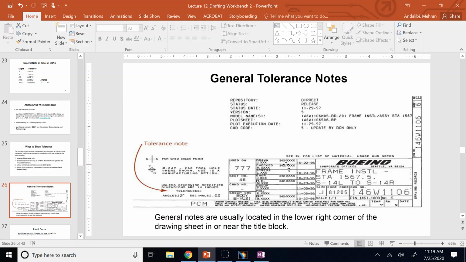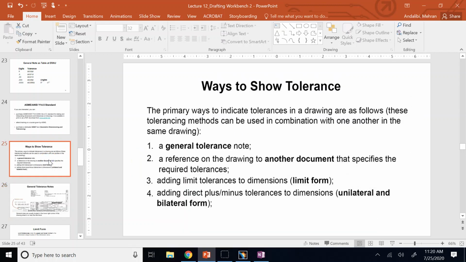So maybe in the first page, in the first document, you provide the tolerance, but in the next ones, from drafting 2 all the way to drafting 11, you might not need to show the same note or the same tolerance in each and every one of them. Say, hey, all of these documents use the same tolerance as on page 1, or in document number 1.